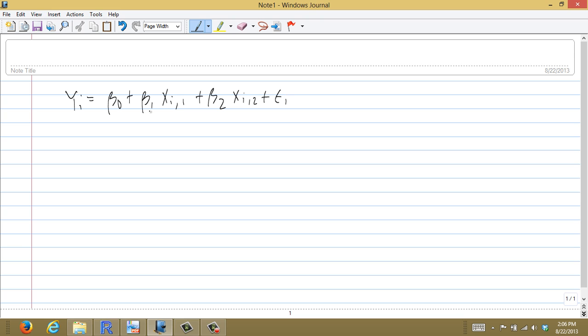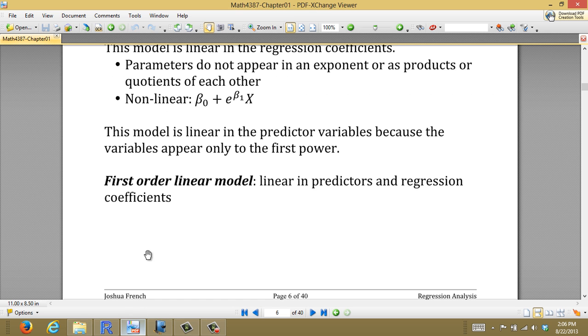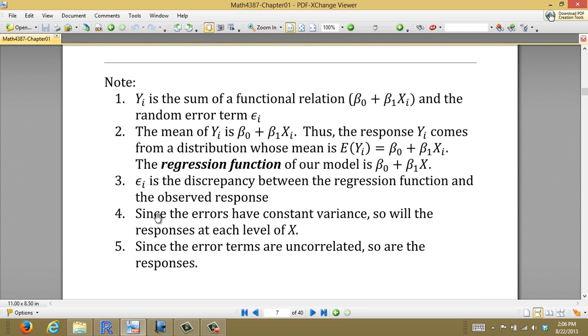In this case, the model is linear in both the regression parameters as well as the predictor variables. And so that would be a first order linear regression model. However, that's a little bit complex for what we actually want to do right now, so let's not worry about that at this time.